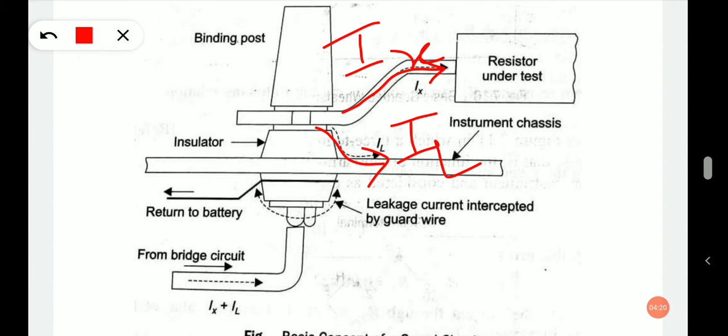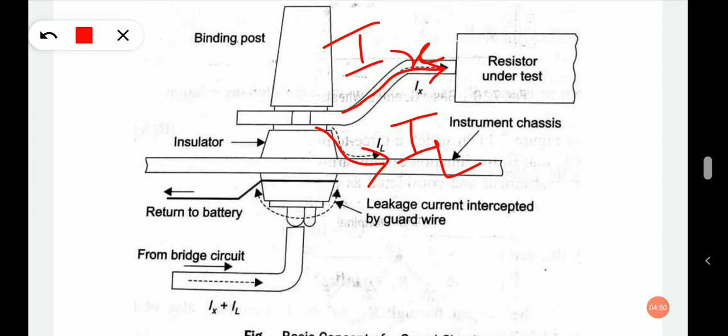In the absence of the guard circuit, IL gets added to Ix, resulting in a significantly larger total circuit current than the actual device current.